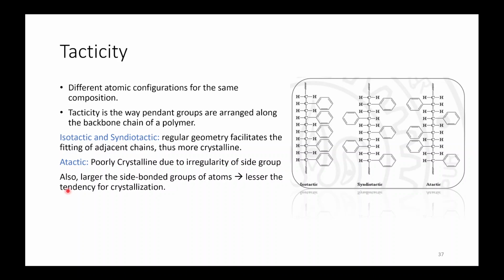Also, the larger the side bonded groups of atoms, the lesser the tendency for crystallization. So if these pendant atoms are bigger, there will be a tendency for lesser crystallization.